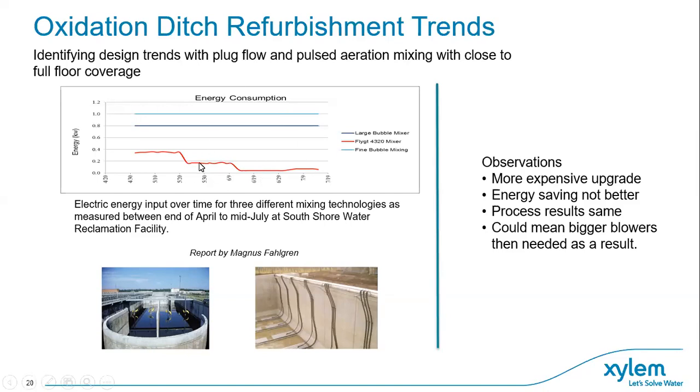Just wanted to highlight this, that there could be a perception that it is a good way of mixing with bubbles. It's saving cost for mixers, but in reality, you're spending costs on operation.